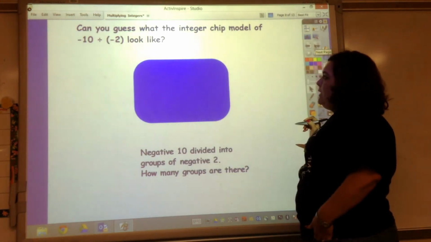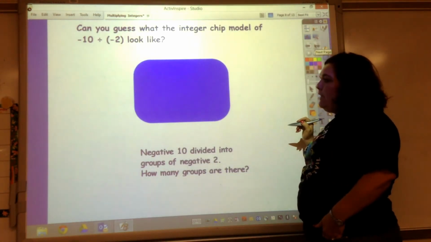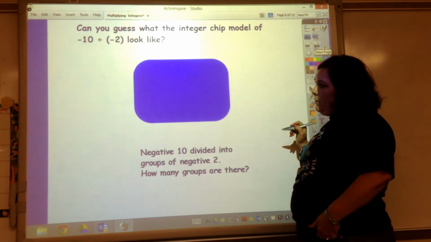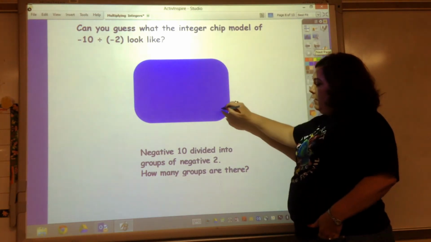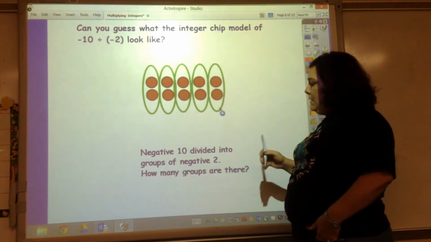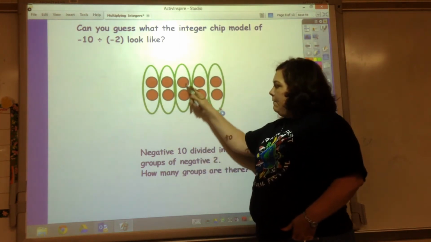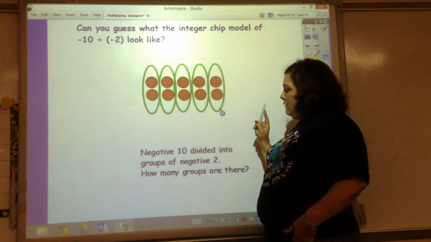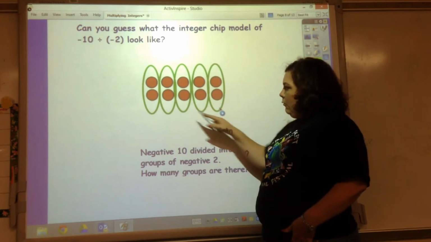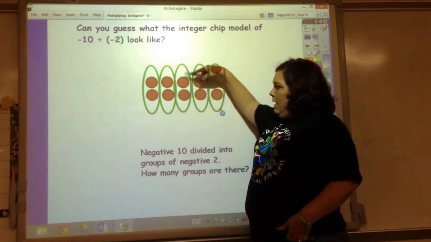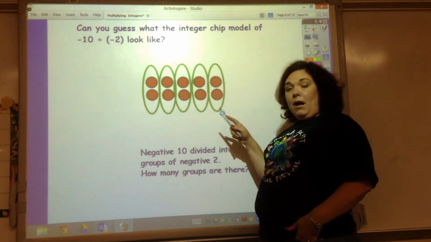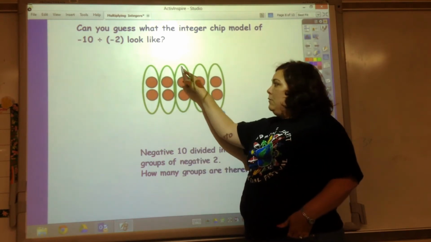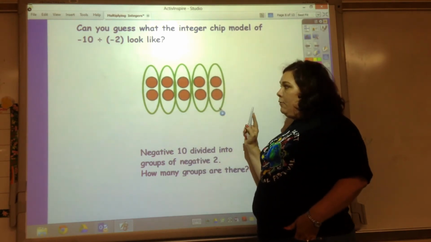Can you guess what the integer chip model of negative 10 divided by negative 2 would look like? It would be 10 negative chips divided into groups of 2, and this would be a positive 5: 1, 2, 3, 4, 5. 5 groups.